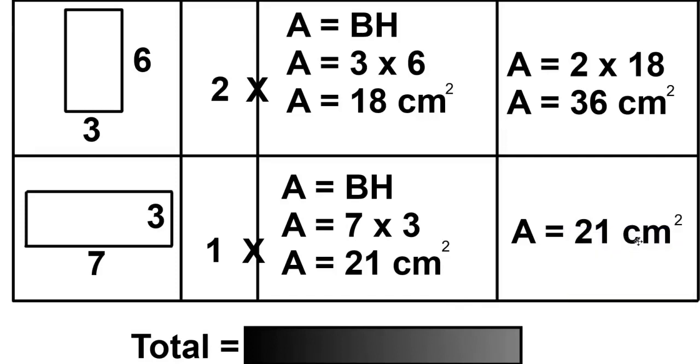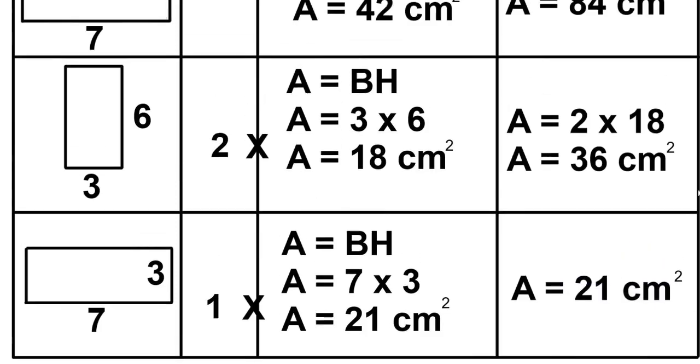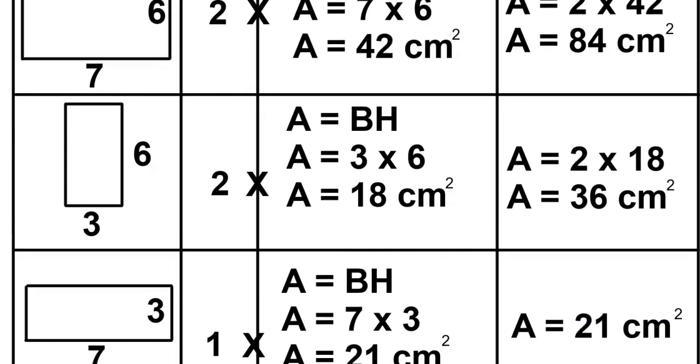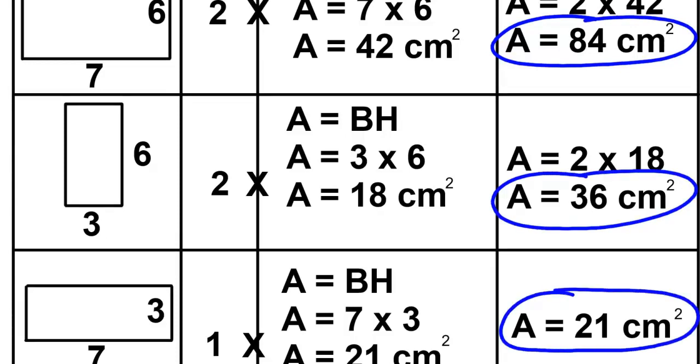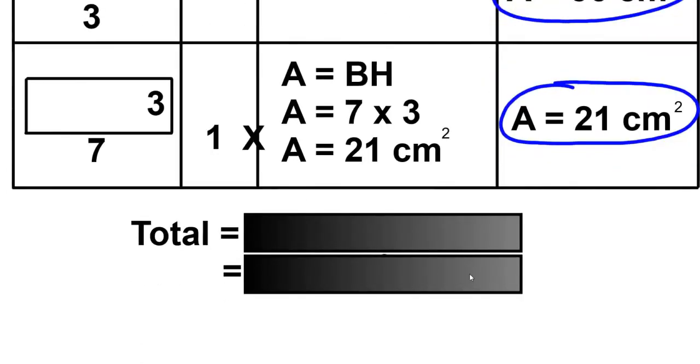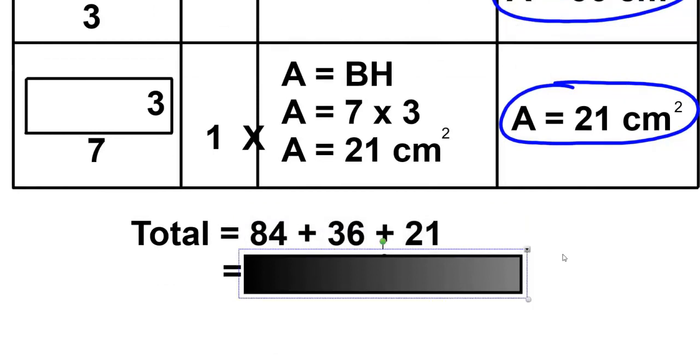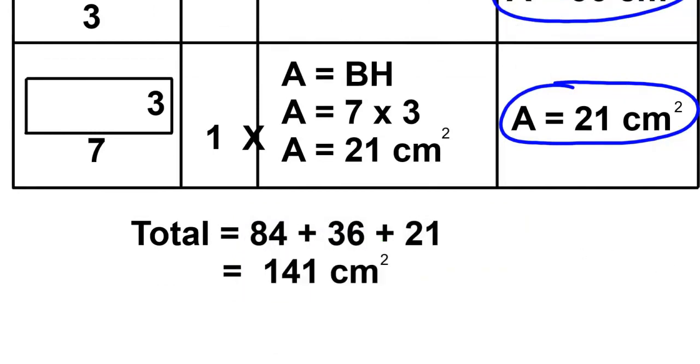Again, we don't count the overlap, so there will only be 1, so we'll keep it at 21 centimeters squared. Now we'll add the totals. 84 centimeters squared plus 36 centimeters squared plus 21 centimeters squared. And this will give us a total of 141 centimeters squared.